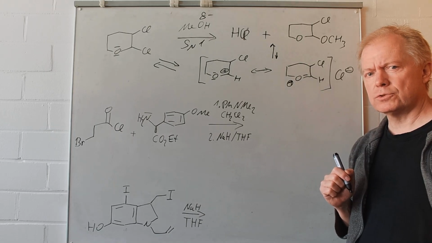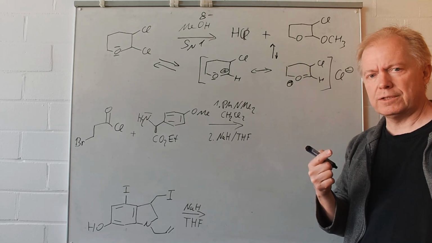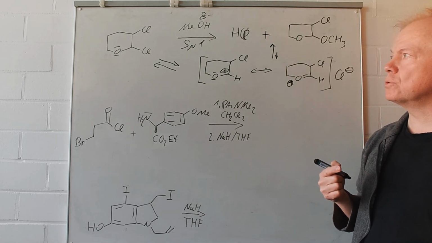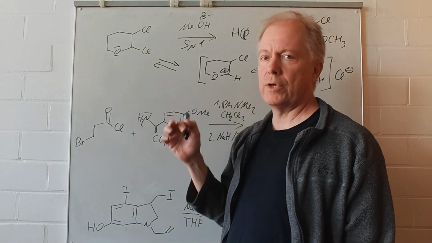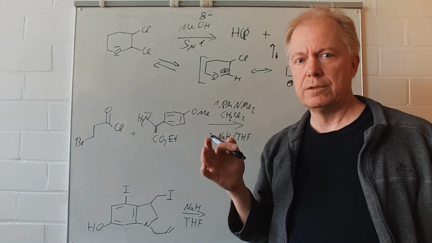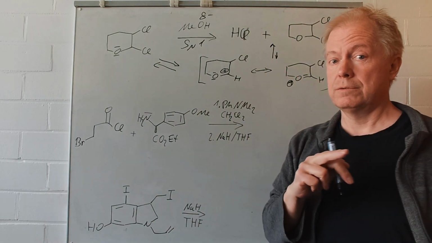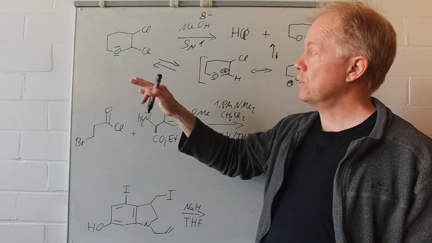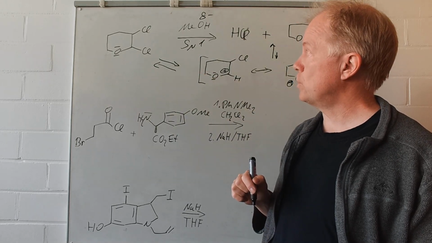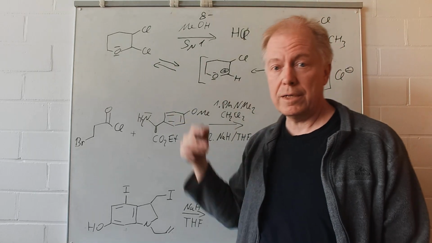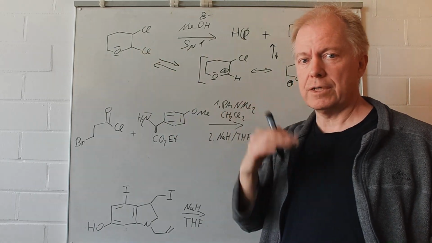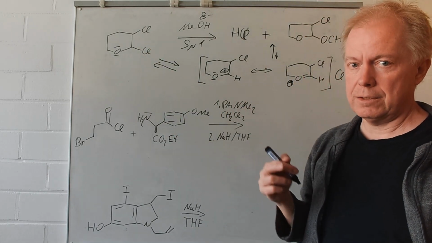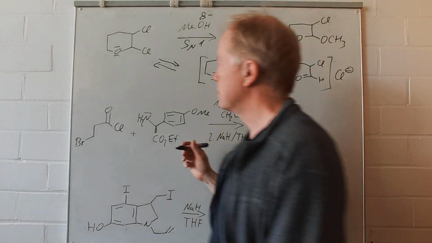No, we should always keep in mind to think about stereochemistry. Both chlorides might be either in front of this whiteboard or behind the whiteboard. That means we have a mixture of diastereoisomers and enantioisomers.